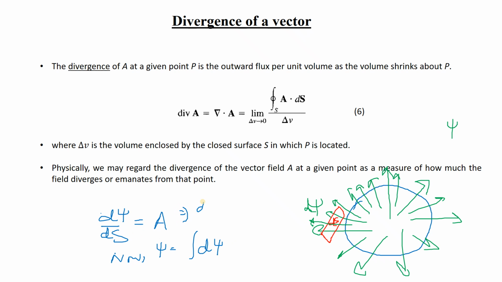From equation number 1 we can write d psi equals A dot ds, because A is a vector and ds is also a vector, but flux is a scalar quantity, so it will be a dot product. Now the total flux will be the integration of d psi, which is the integration of A dot ds.